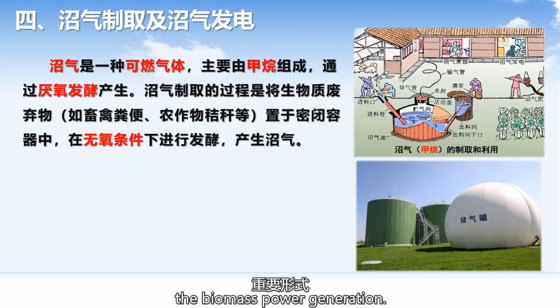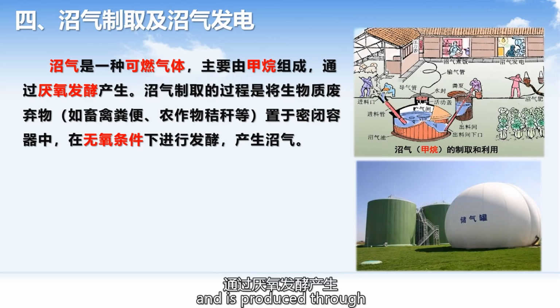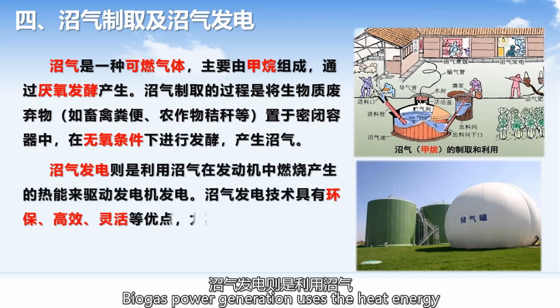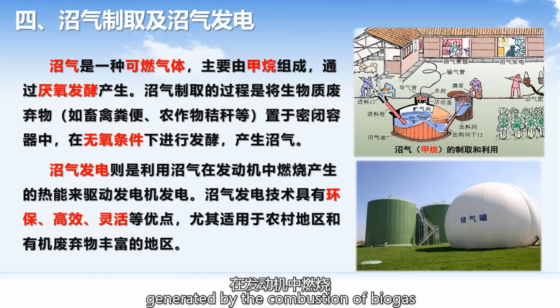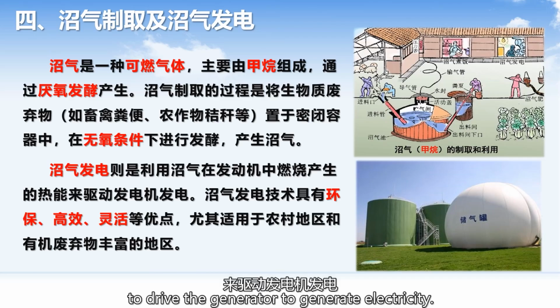power generation. Biogas is mainly composed of methane and is produced through anaerobic fermentation. Biogas power generation uses the heat energy generated by the combustion of biogas in the engine to drive the generator to generate electricity.